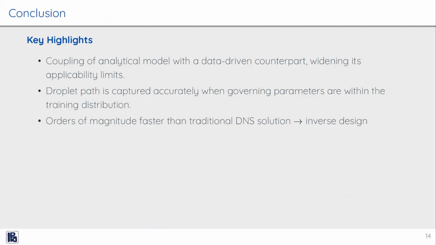And we see that at least the droplet path is captured accurately, unless we step outside our training distribution. And the resulting workflow is orders of magnitude faster than traditional DNS solutions. So the main gain here is that we can use this workflow for inverse design.